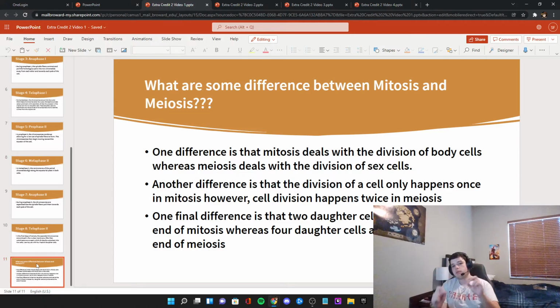One final difference is that at the end of mitosis it produces two daughter cells, whereas meiosis produces four daughter cells, because meiosis does the splitting twice, whereas mitosis only does it once.